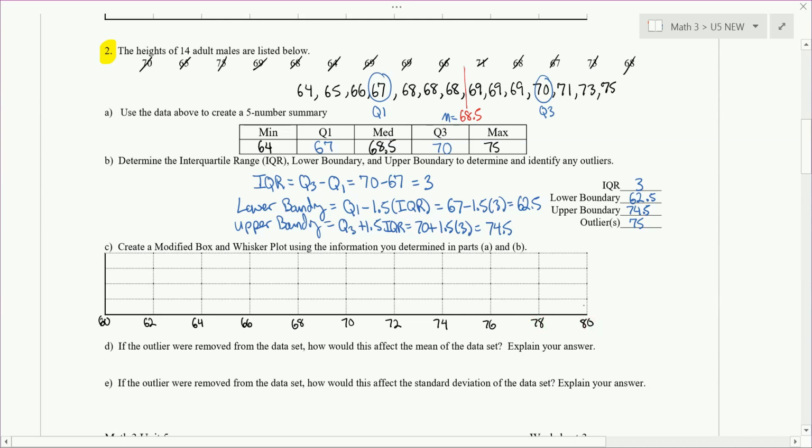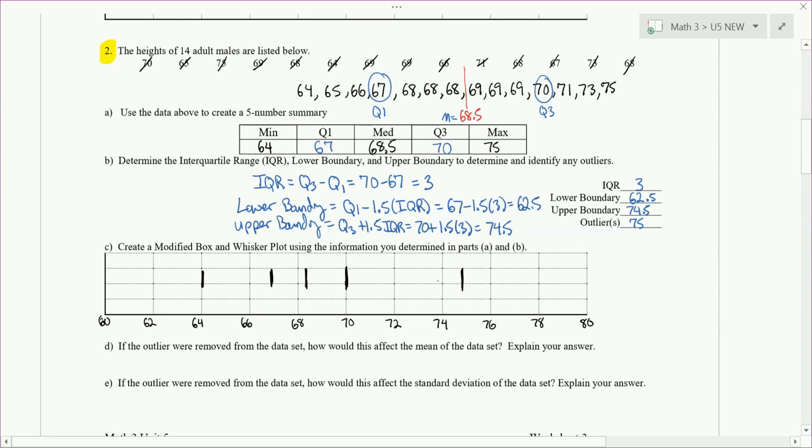Then put your 5-number summary on the board here. So 64, 67, 68.5, somewhere around here, 70, 75.